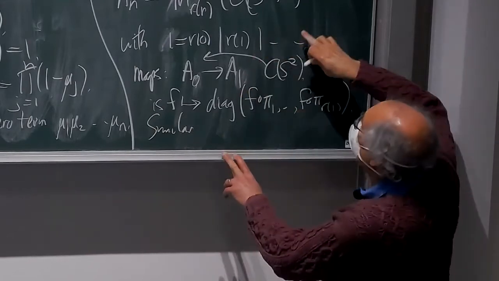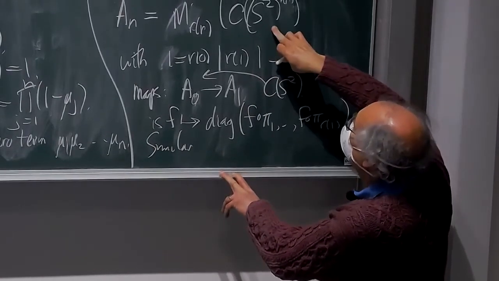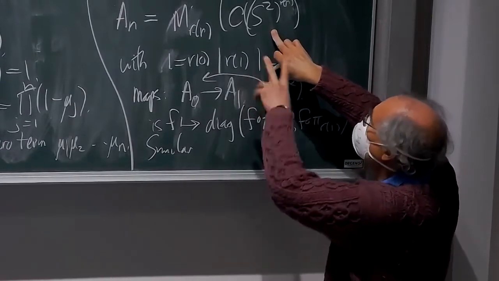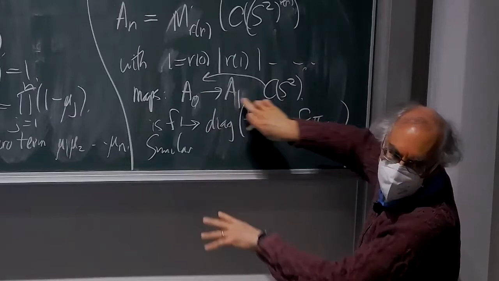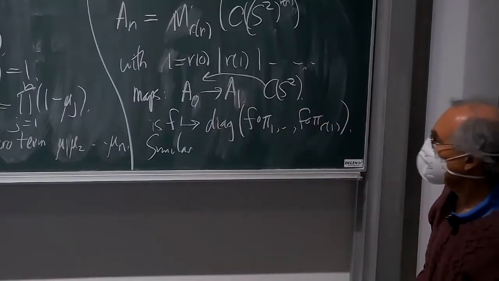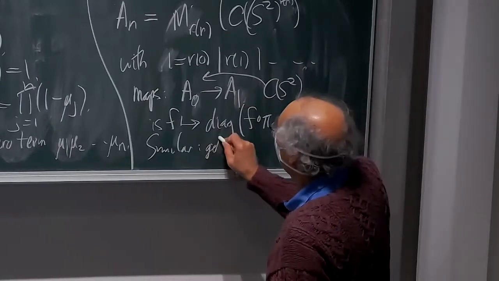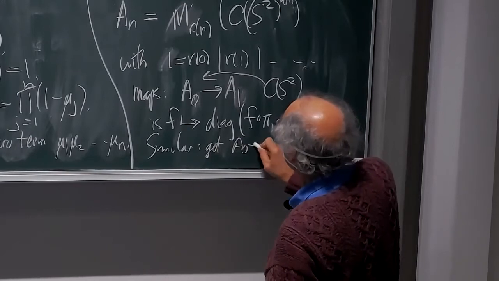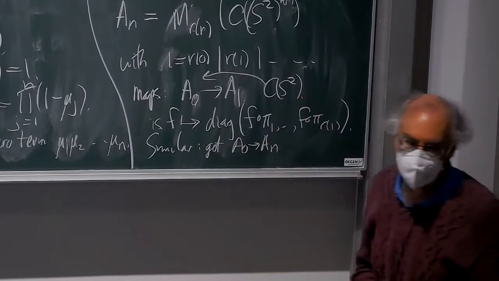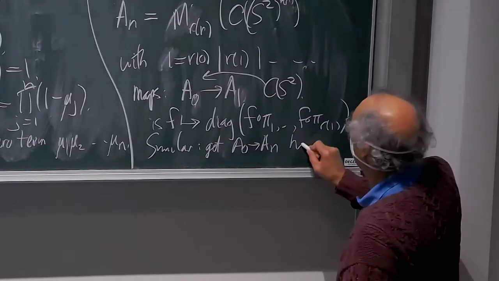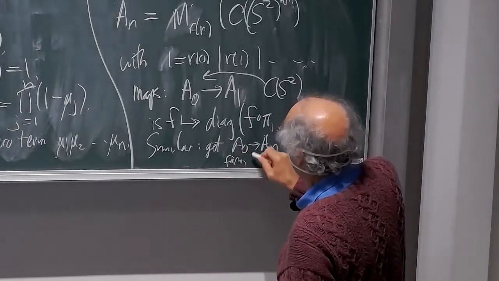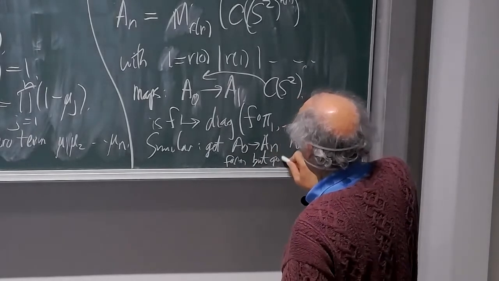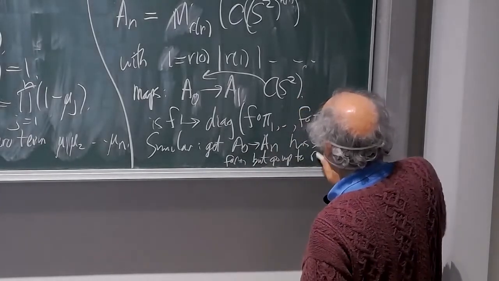Right, you have projections. The R of 2 power is the product of R of 2 over R of 1 copies of the R of 1 power. And so this gives you what goes here. And you get also that A0 to An has essentially the same form, but goes up to R of n.